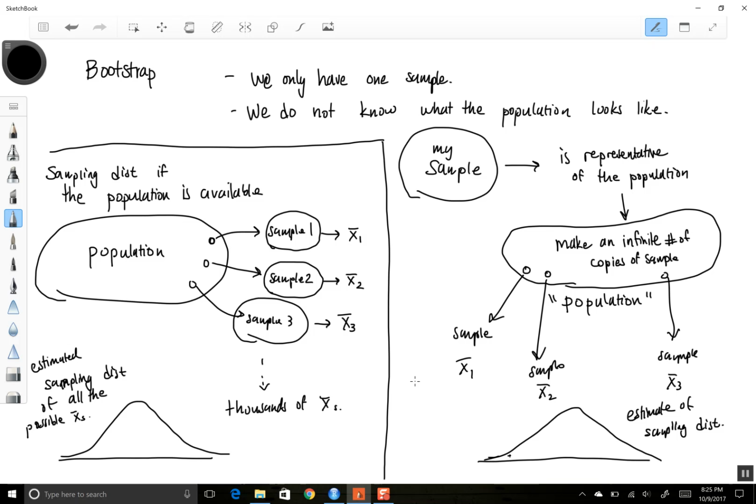The thing is this sampling distribution is going to be strongly biased by whatever our original sample is, okay? So this is going to be really terrible at giving estimates of things like the mean.